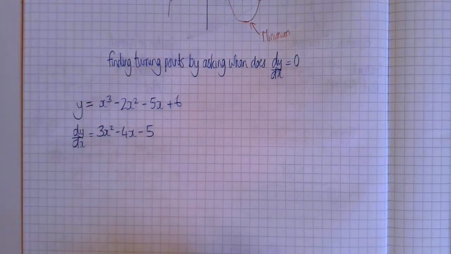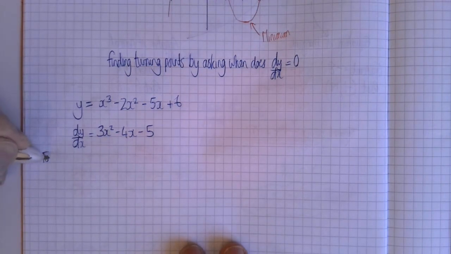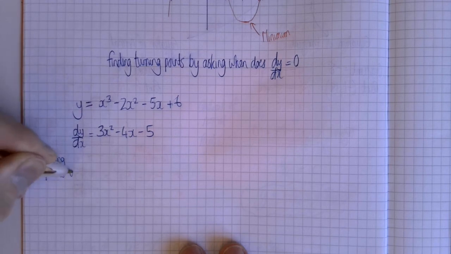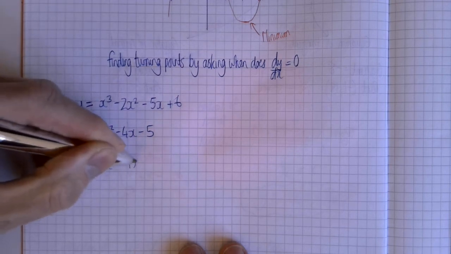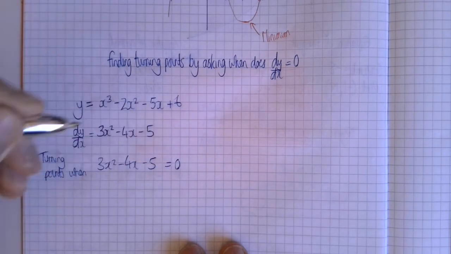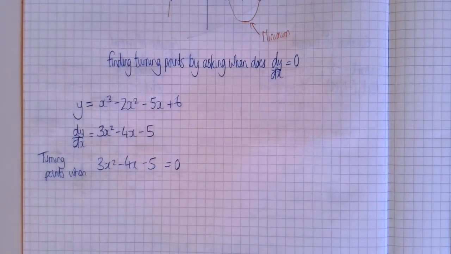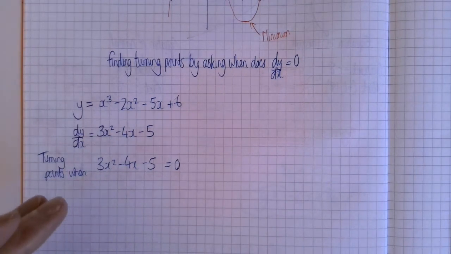So to find the turning points, I just have to ask, when does that equal 0? When does the gradient equal 0? Remember, this is a formula for the gradient. What we were doing yesterday was substituting values of x into that to work out the gradient when x is this and when x is that.